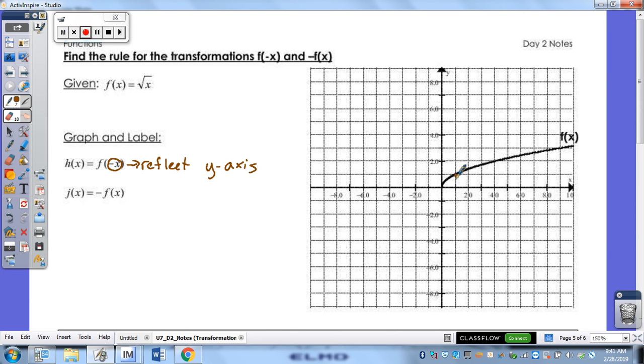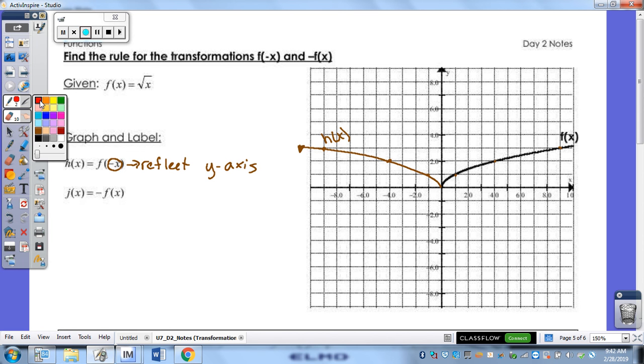So for example, the point 1, 1 becomes the point negative 1, 1. And then I got 4, 2, so that's going to be negative 4, 2. And then 9, 3, so negative 9, 3. So negative with the x, over the y.